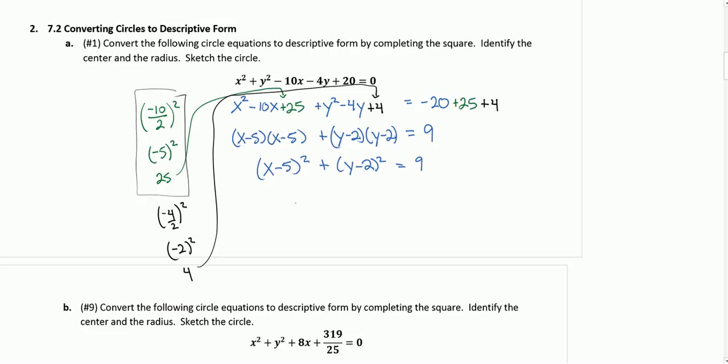From our equation, we see that the center of our circle is at 5, 2, and the radius of our circle is the square root of 9, which is 3.